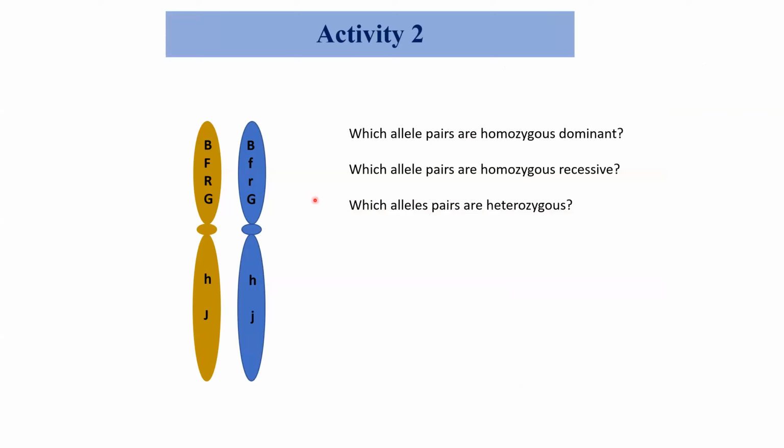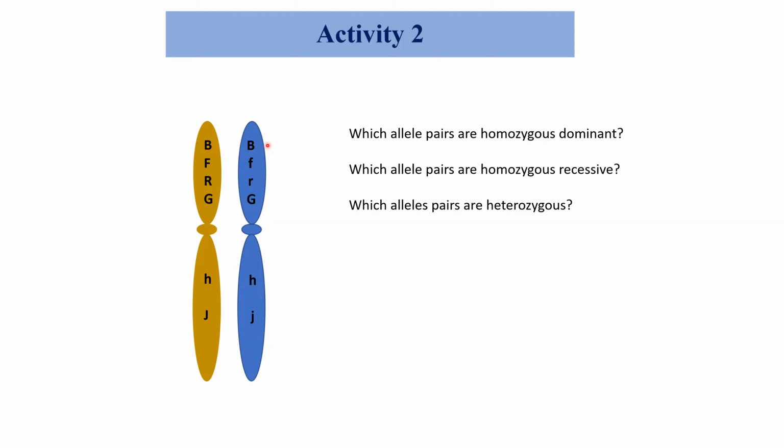And you will use this homologous chromosome to answer the following questions. So which allele pairs are homozygous dominant? Remember, homozygous means that they have the same allele, and dominant is that they are the capital letters. So in this case, capital B is an example of homozygous dominant.